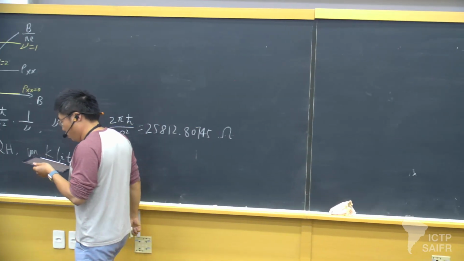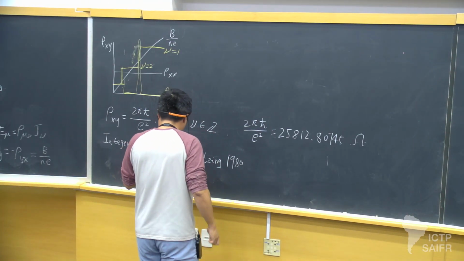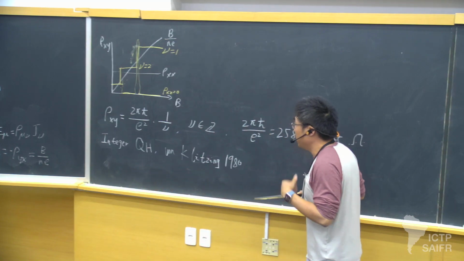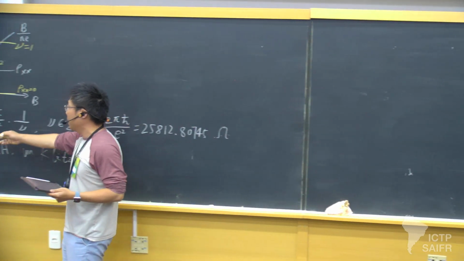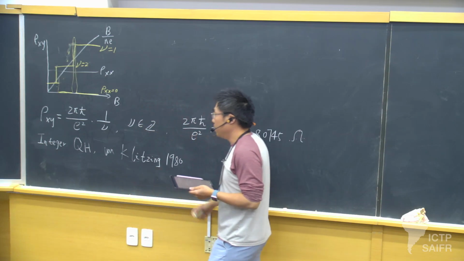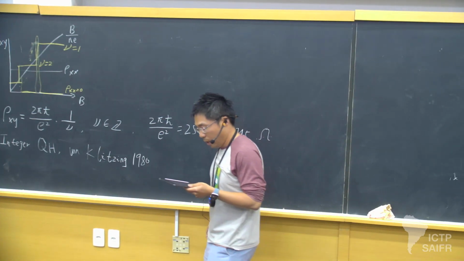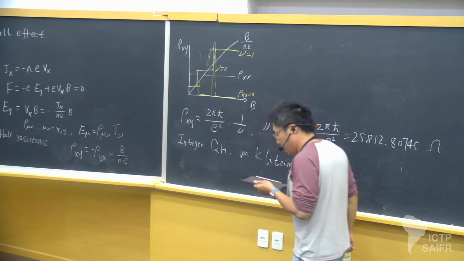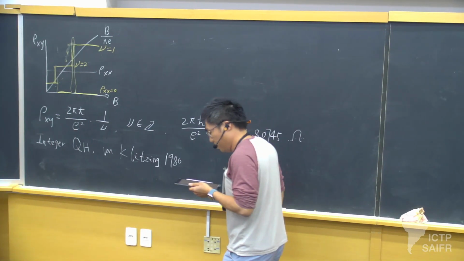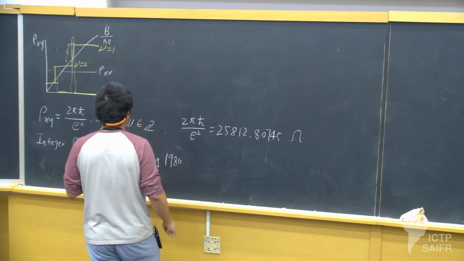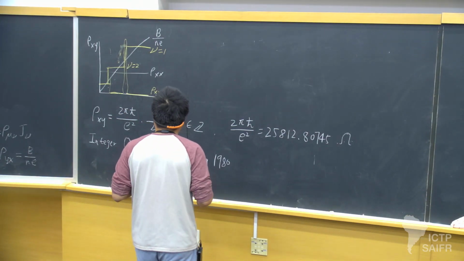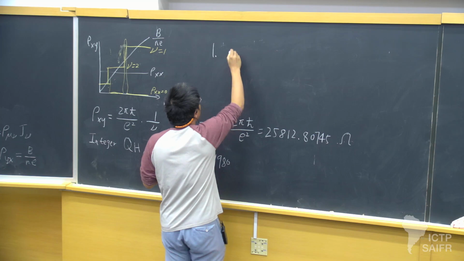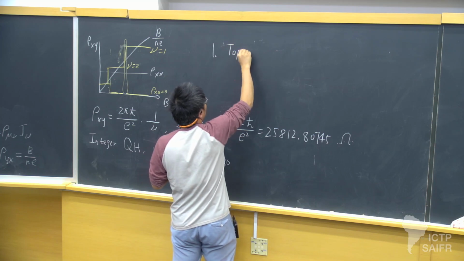As I said, in this course I will try to explain how to understand the quantization of this Hall resistance, and it could indeed be summarized in two words. One is the so-called topology.